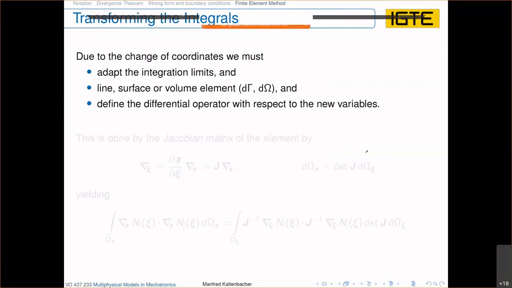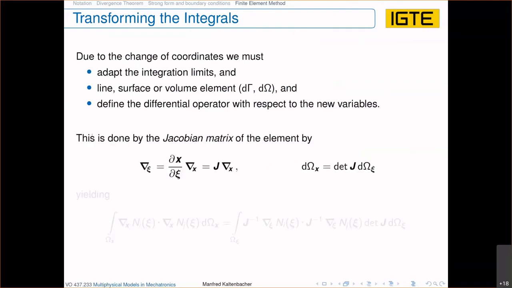And in this sense, what we will now introduce is the following, that we already have this mapping concept, and due to this mapping concept, we also have to do a transformation of our differential operator, which means that the nabla operator with respect to psi can be expressed by the nabla operator with respect to x by the so-called Jacobian matrix.